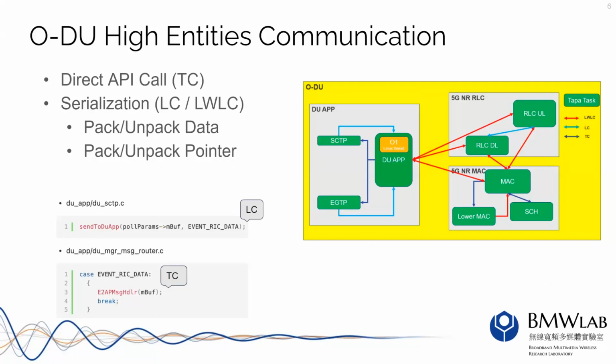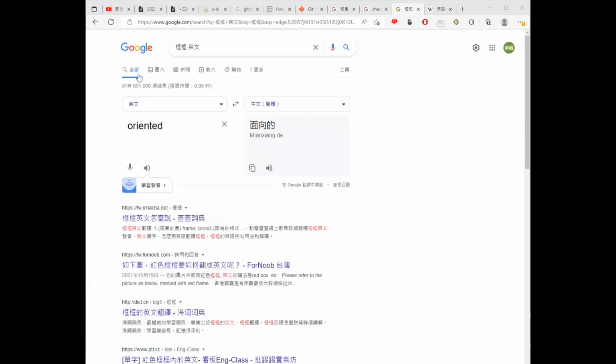But I think the question is whether O1 is claimed as part of the DU app. According to this video, it's part of the DU app, no matter whether it's written in C or C++. I mean, the concept for DU app, I guess they have some definition. You can check it. This figure only shows the entities' communication.